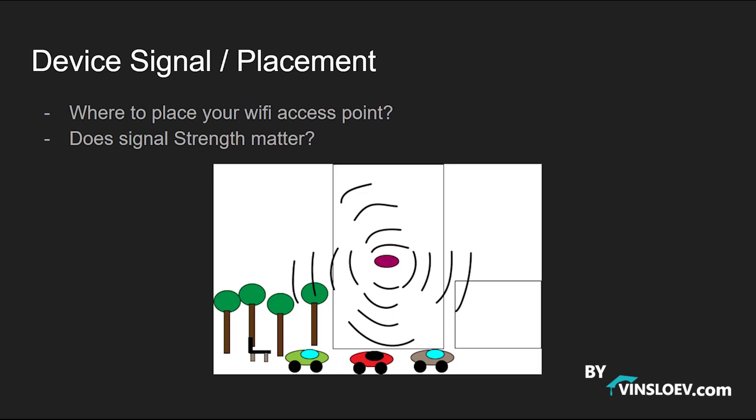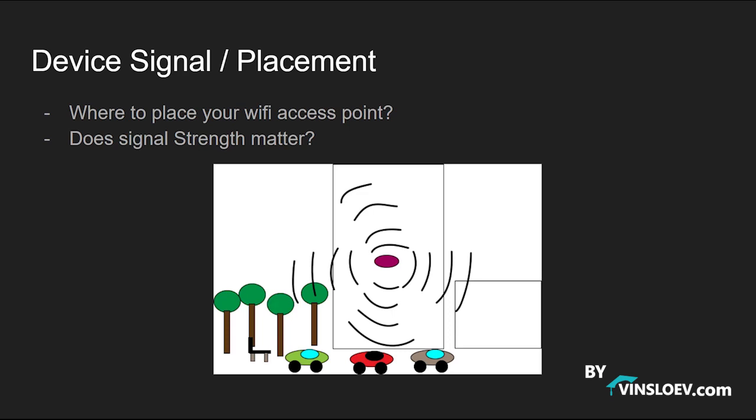If you go to your mobile and look at what Wi-Fi is available, you will see a very long list, because there are so many access points just broadcasting their signal out, because the signal is so strong in most newer devices.